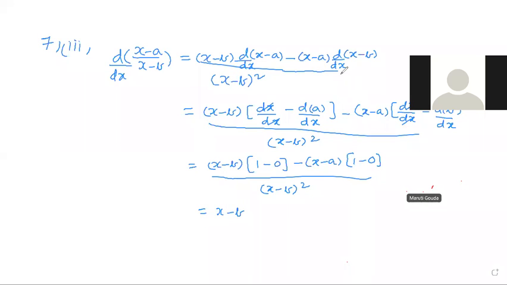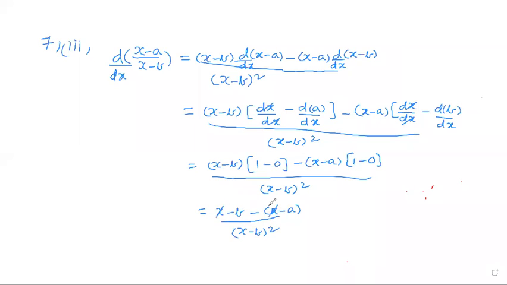Next, minus of x minus a, over the denominator x minus b whole square. Now by the multiplication, minus x should be cancelled.